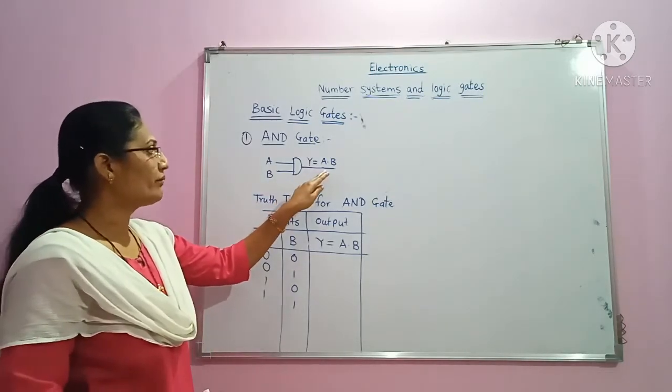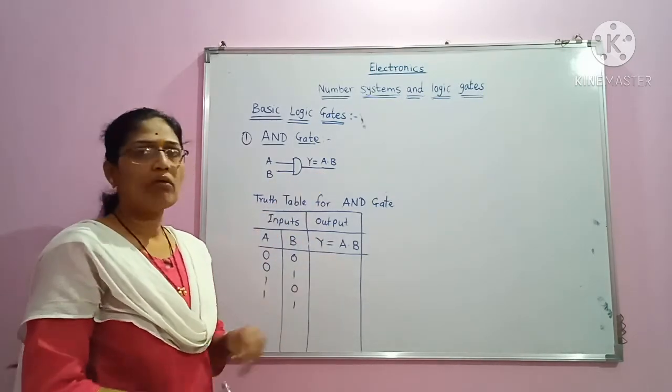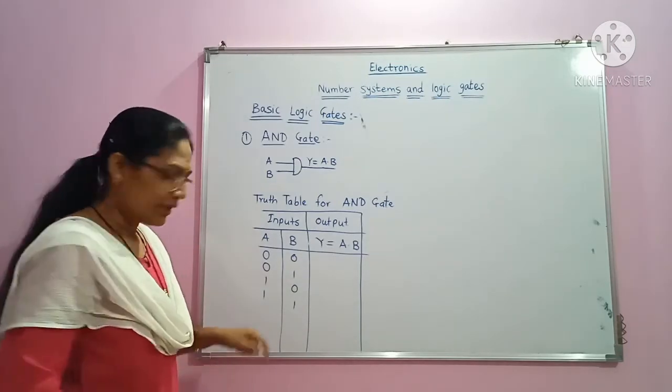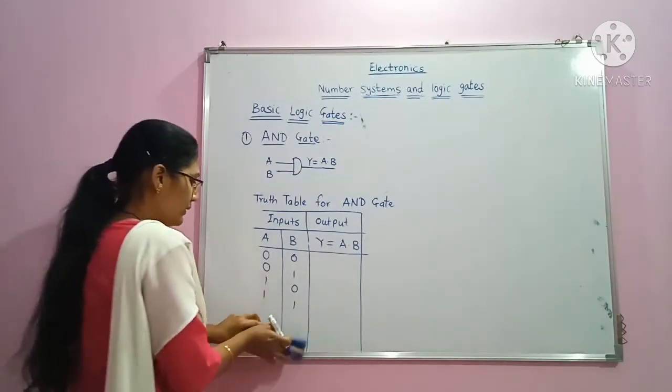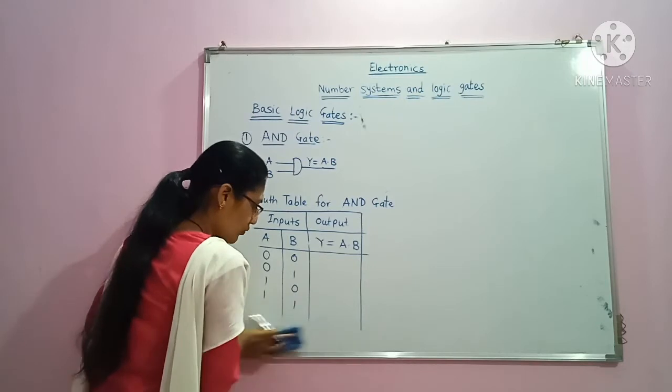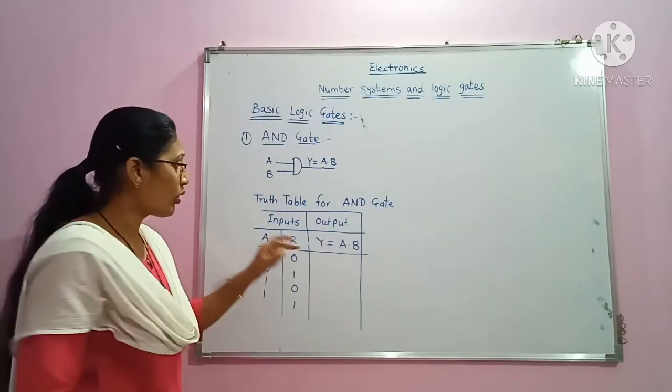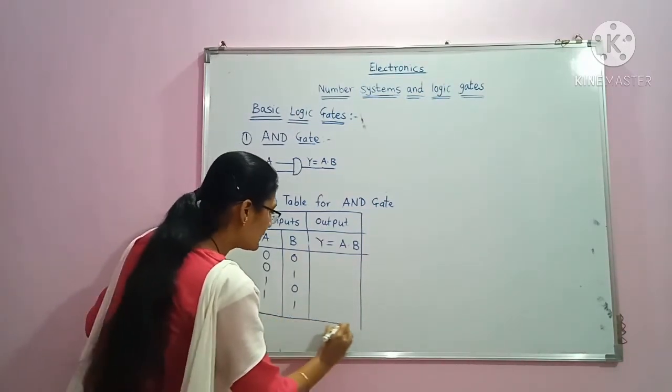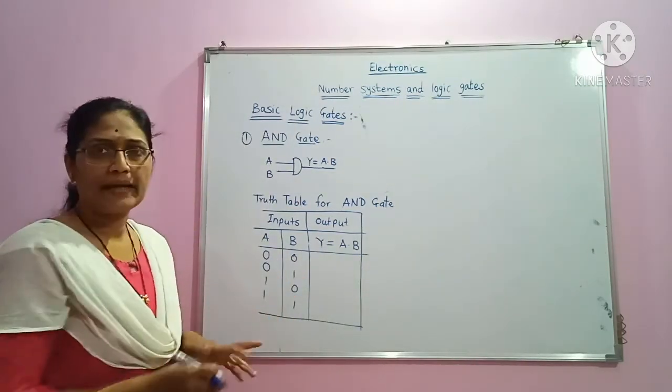Then I will verify what will be the value of the output. We will obtain the output of the AND gate as the product of A and B.